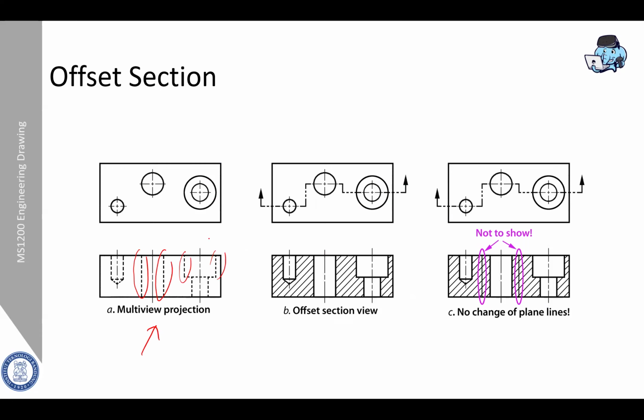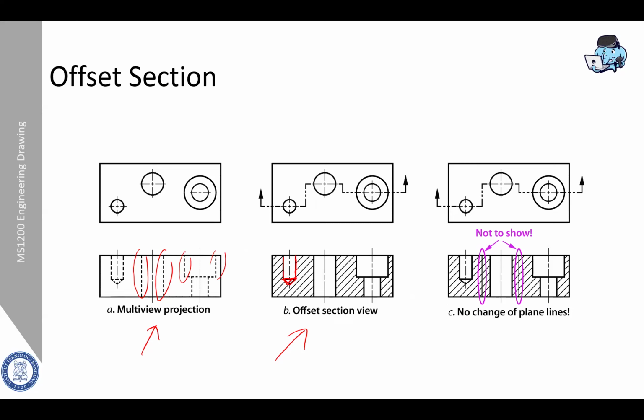And then we draw the offset section like this one. You can see the hidden lines are transformed into full lines, because this line actually shows you the intersection between the different surfaces.